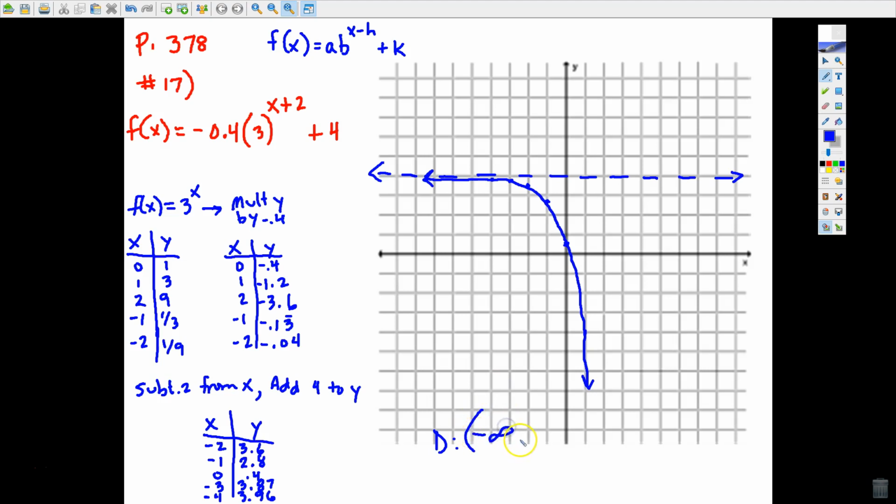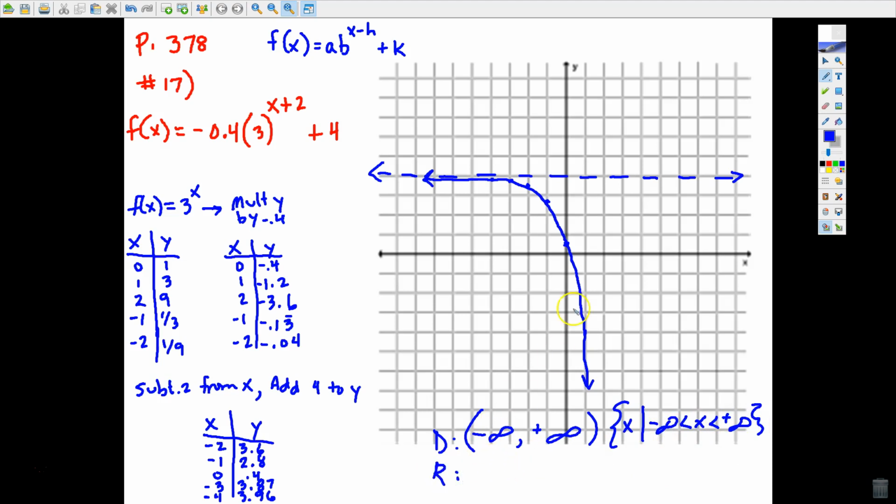Negative infinity always goes on the left in interval notation. Positive infinity would go to the right. If you use the inequality notation, you could do x, not f of x. All x such that negative infinity < x < positive infinity, or in other words, x is between negative and positive infinity.